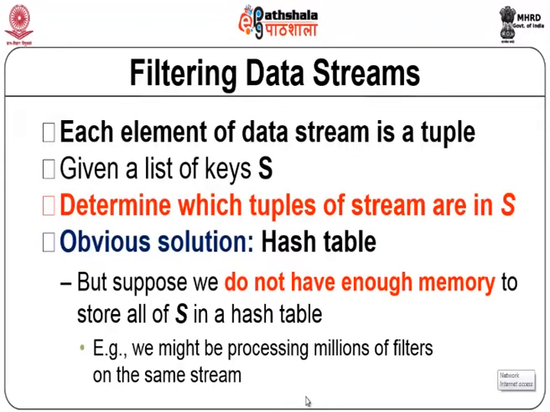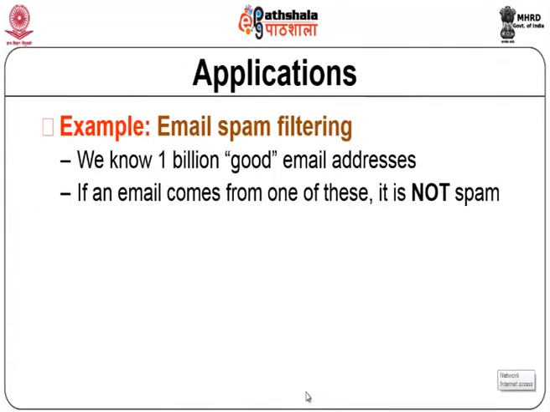For example, we might be processing millions of filters on the same stream. For every filter, you have to make use of a separate hash function. When you work with different hash functions, you may be working on separate memory spaces in the main memory. Therefore, you may not be in a position to accommodate the entire set of keys.